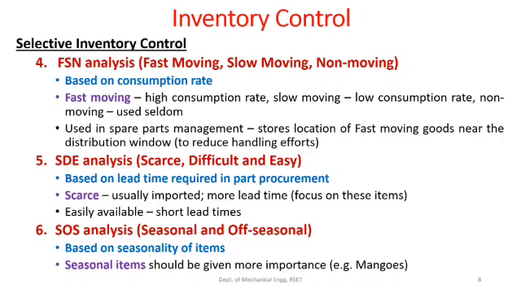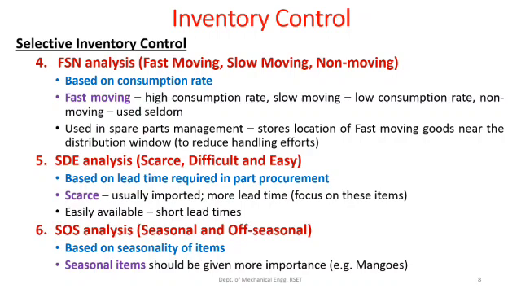And the last selective inventory control technique is called SOS, which classifies items based upon their seasonality, as seasonal and off seasonal. That's why you have SOS: S stands for seasonal items and OS stands for off seasonal items. Seasonal items should be given more importance because they are only available at certain times of the year.